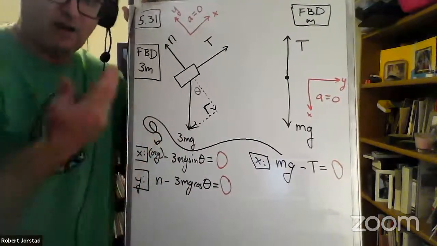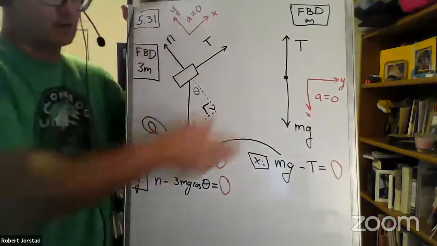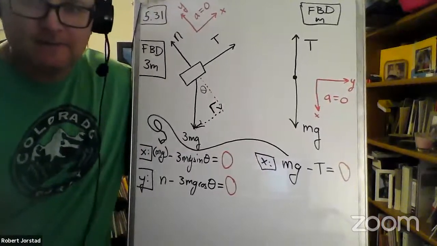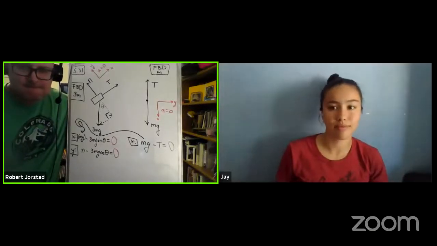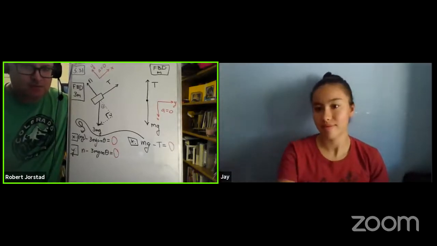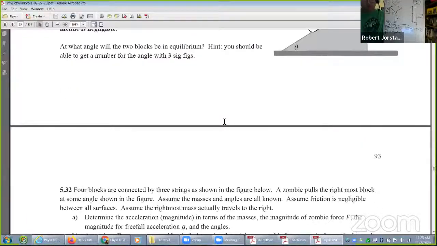Odds are you're going to either get all the minus signs right or maybe miss one of them. So just double check it, then cruise on through the algebra. Any questions before we move on? I thought that was pretty good performance. Hopefully you felt like you're getting this a little bit. You could ask Jay anything you want at any time here.